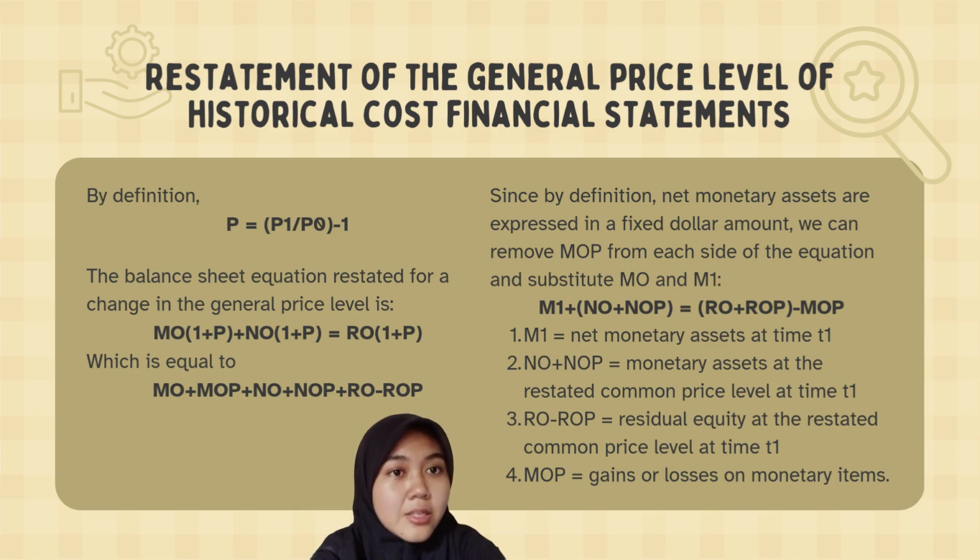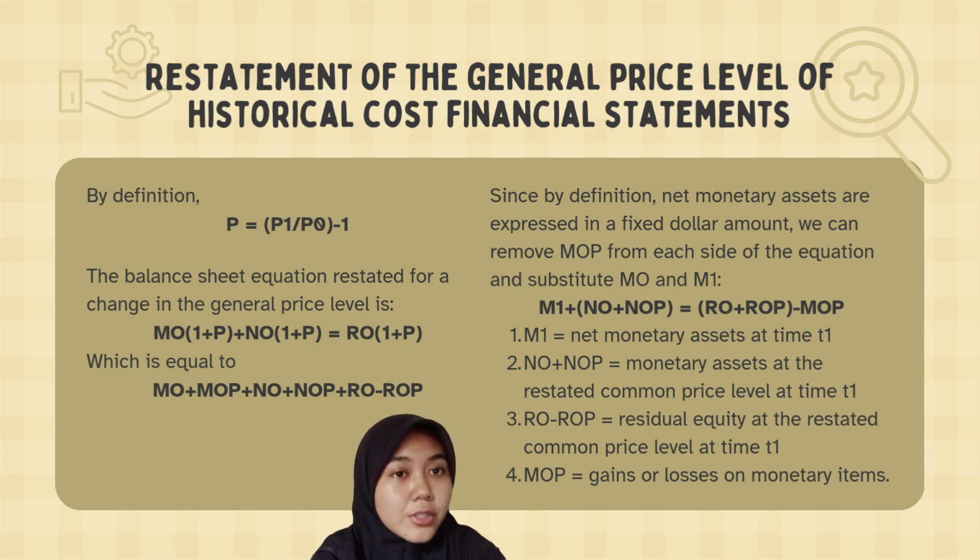The balance sheet equation restated for a change in the general price level is M0(1+P) + N0(1+P) = R0(1+P), which is equal to M0 + M0P + N0 + N0P + R0 + R0P.